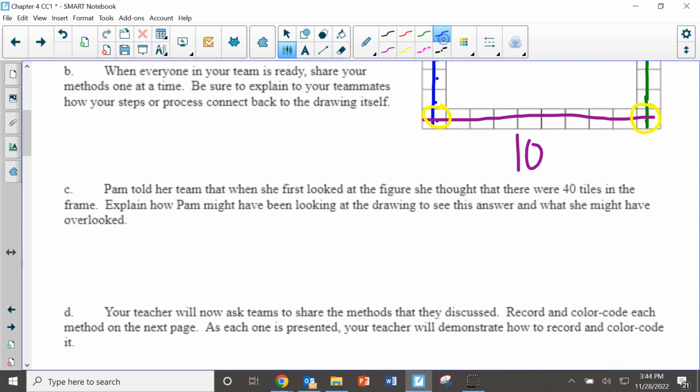So for C, Pam, it's probably actually easier if I just type this out. So let's do that.